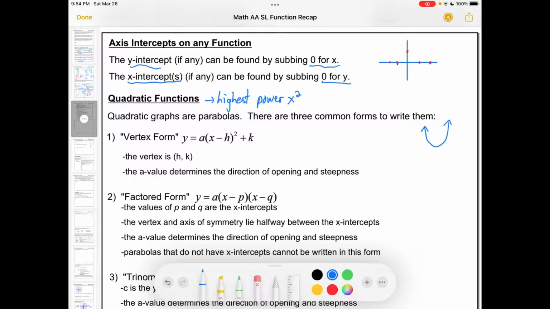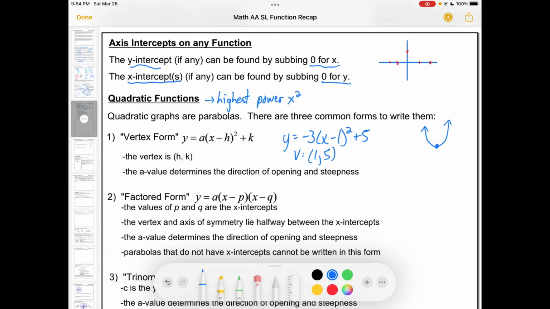But vertex form is a times x minus h, all squared, plus k. What we like about this form is that it tells us the vertex, which is this kind of spot on the graph. The vertex is at h, k. So, for example, if I were to write -3 times x minus 1 all squared plus 5, the vertex on that graph would be at 1, 5.